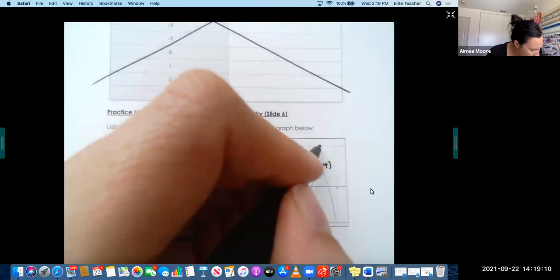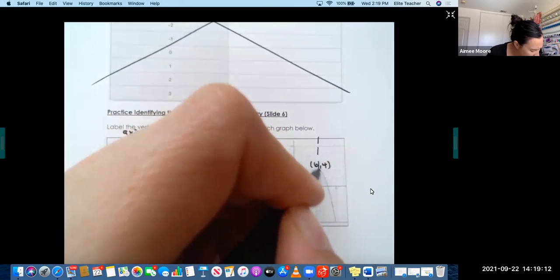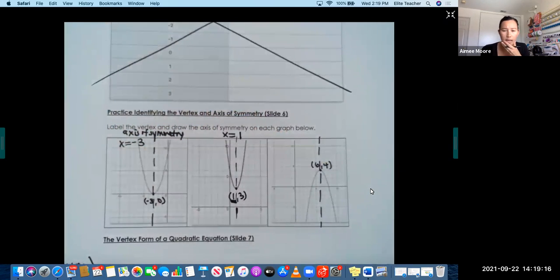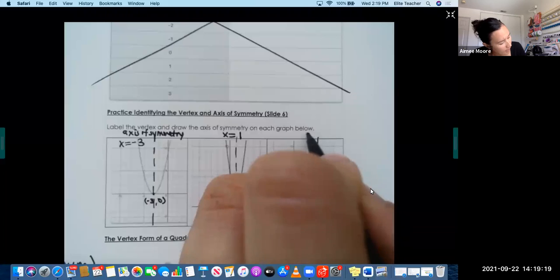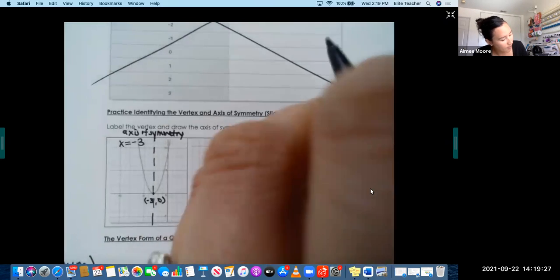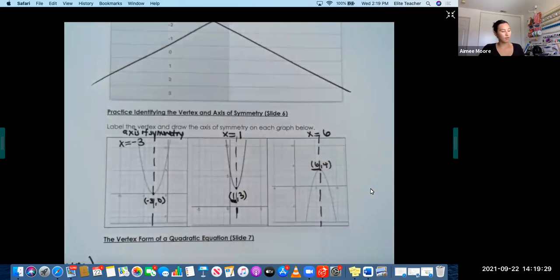And then we have our axis of symmetry cutting it in half, which means the equation would be x equals 6. Very good. That's the x value of our vertex. And so that is our axis of symmetry, x equals 6. Very good. All right, let's go ahead and flip to the next page.